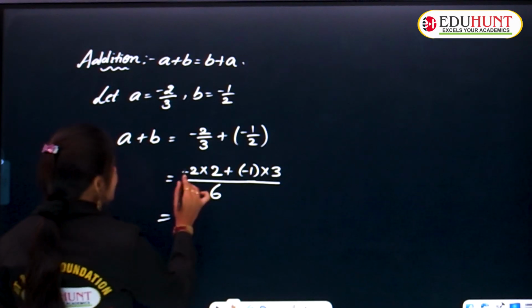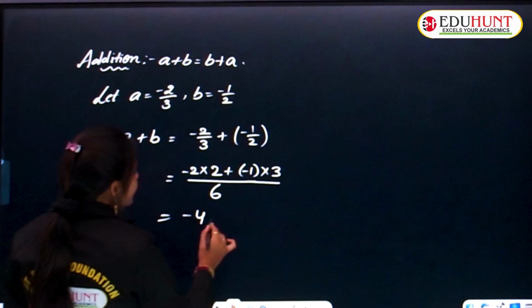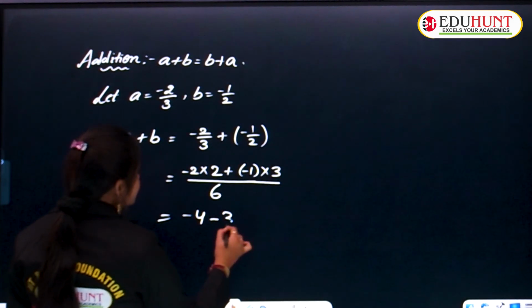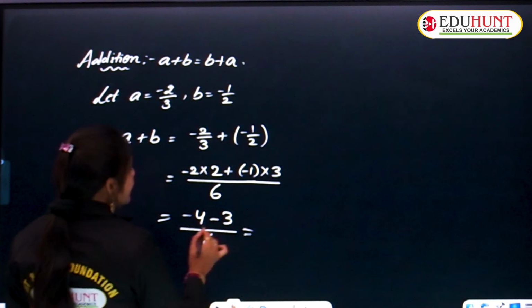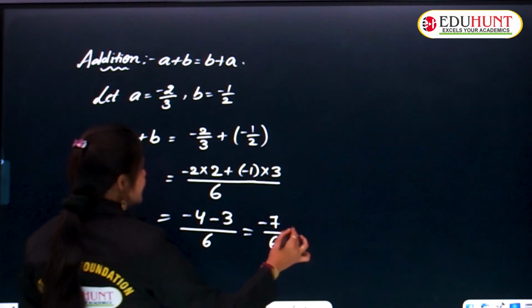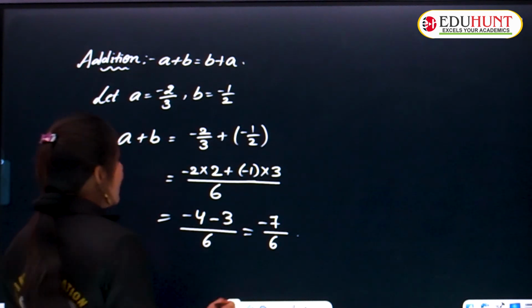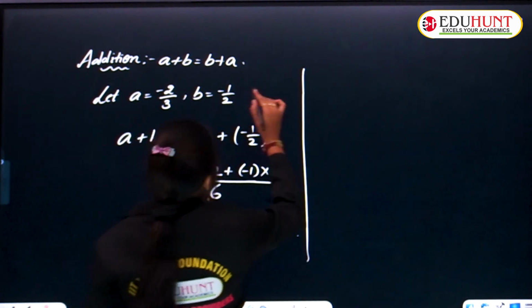Clear? Yes. Minus 2 into 2 is minus 4, plus into minus is minus, 1 into 3 is 3, by 6. Now minus 4 minus 3 is equal to minus 7 by 6. How much did we get here? Minus 7 by 6.